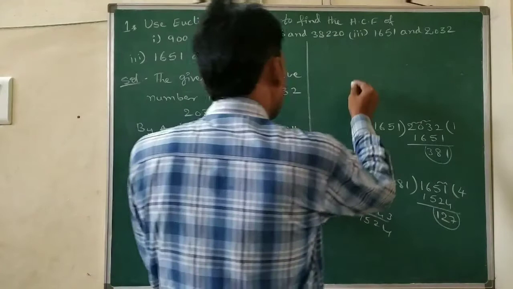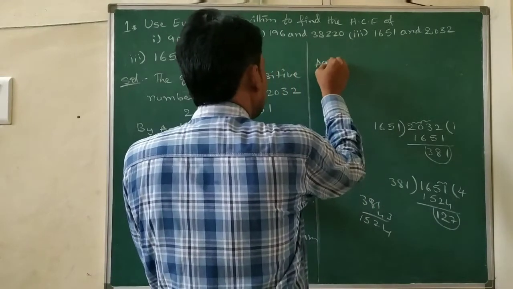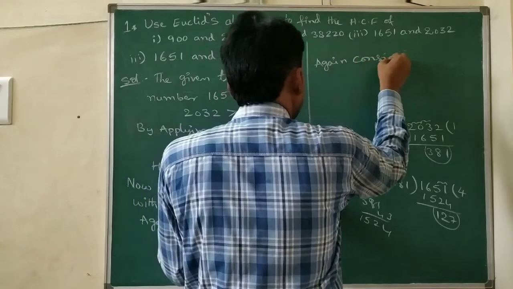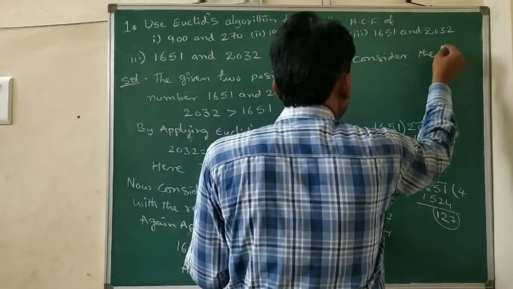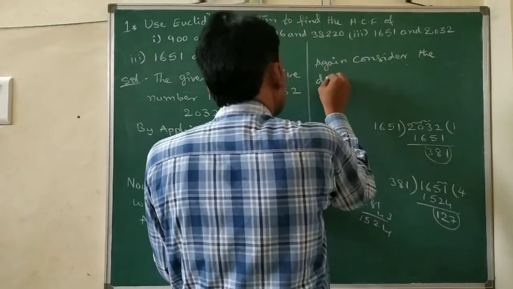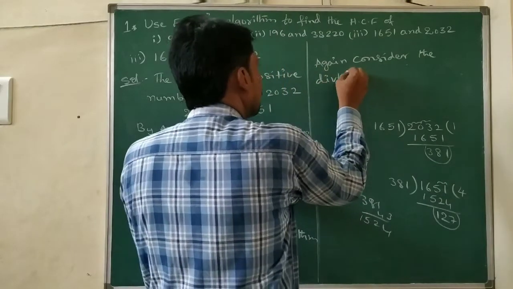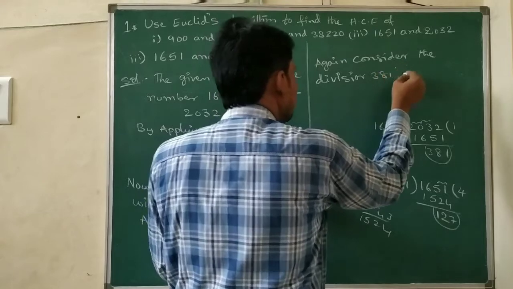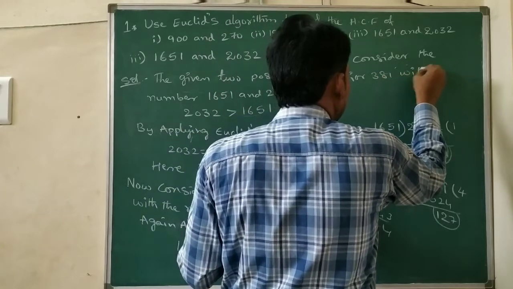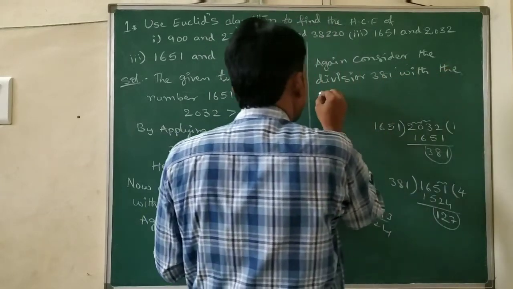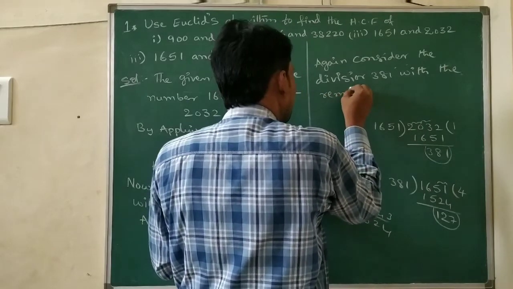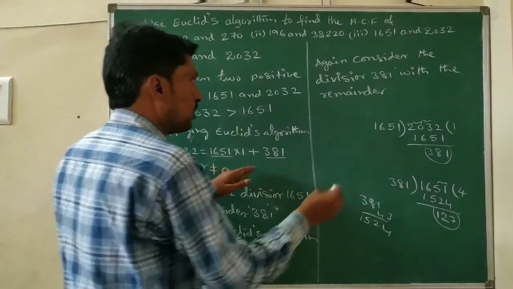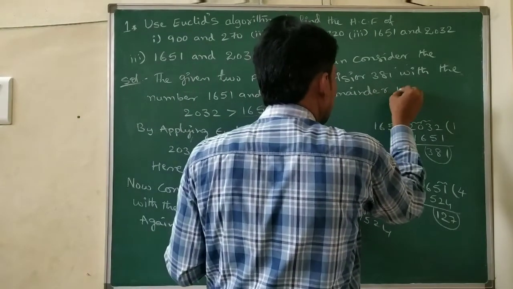Again consider the divisor 381 with the remainder 127.